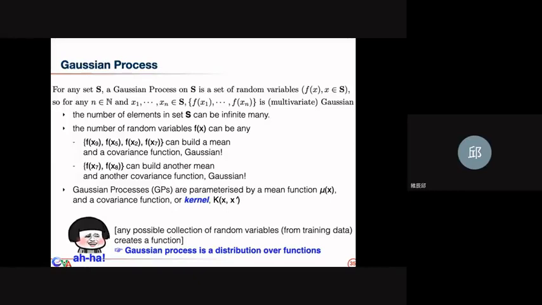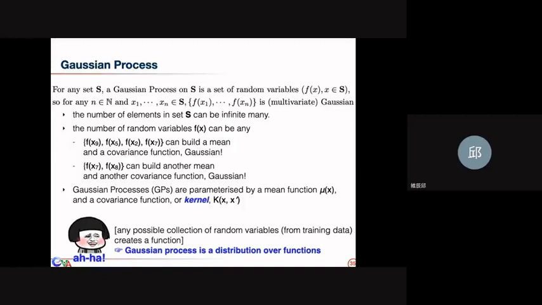That means the Gaussian process already includes the connections between your data points, the similarity between your data points, into its covariance function, right?